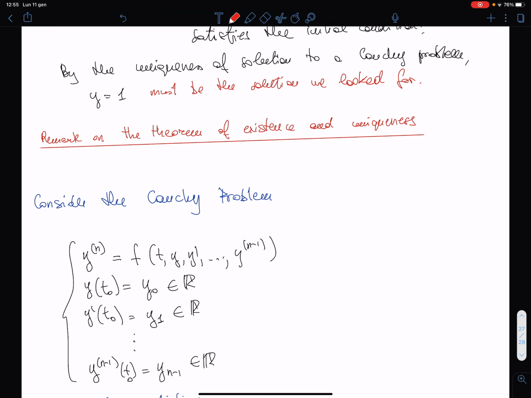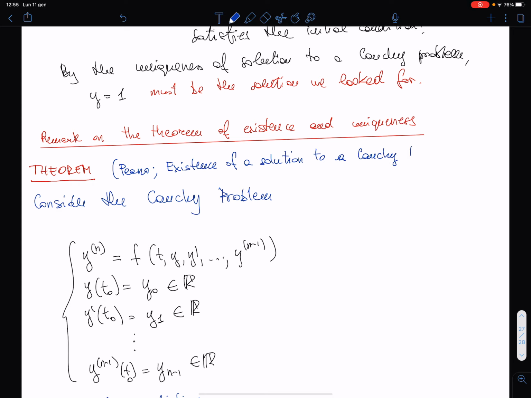This is the theorem on existence, due to Peano, the theorem of existence of a solution to a Cauchy problem.